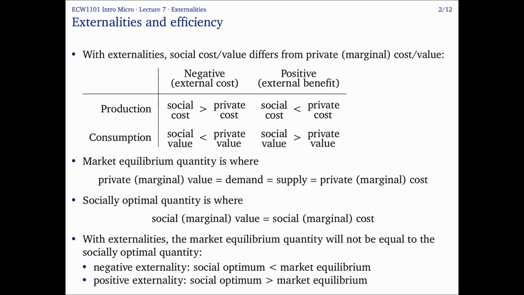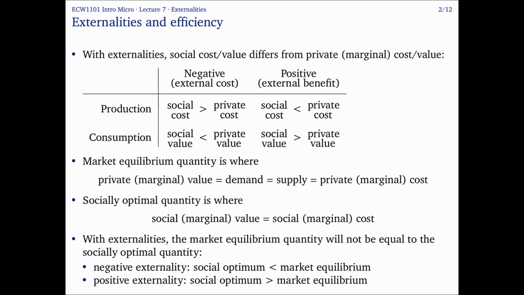Okay, so the discrepancy between private and social values and costs is what lies at the core of the inefficiency of externalities. So in a negative production externality, the social cost of the activity, the private cost plus the external cost, is greater than the private cost because there is this external cost, right? In a positive production externality, you have the reverse.